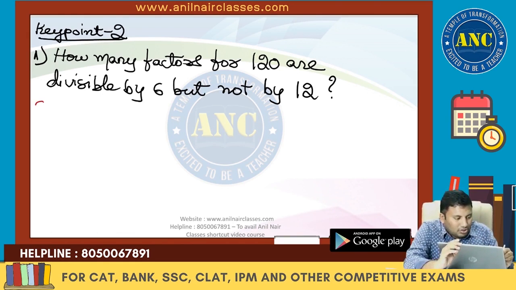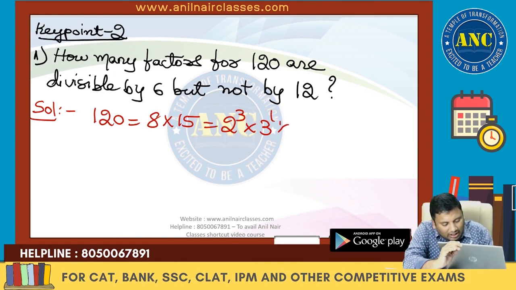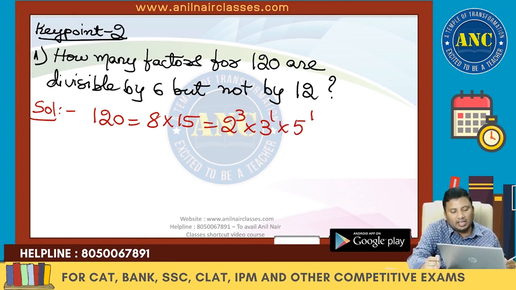Solution. Listen carefully, sir, how directly I am writing. 120 is nothing but 8 into 15. 8 is 2 cube. 15 is 3 into 5. So 120 is 2 cube into 3 into 5.